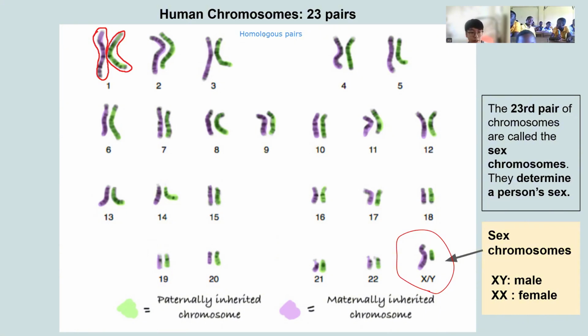So homologous means same or similar. Because your father's chromosome lines up with the similar mother's chromosome, this set is called a homologous pair. They are the same. Does that make sense?